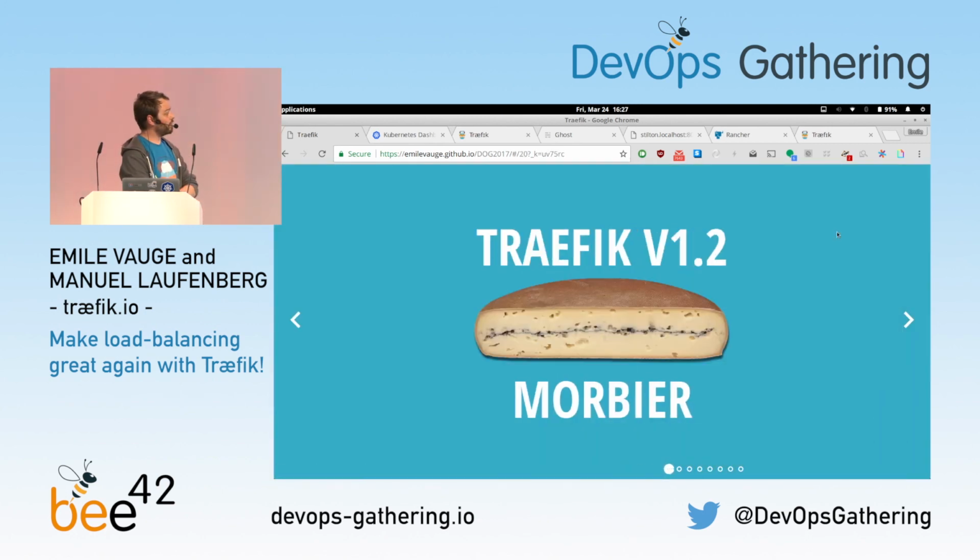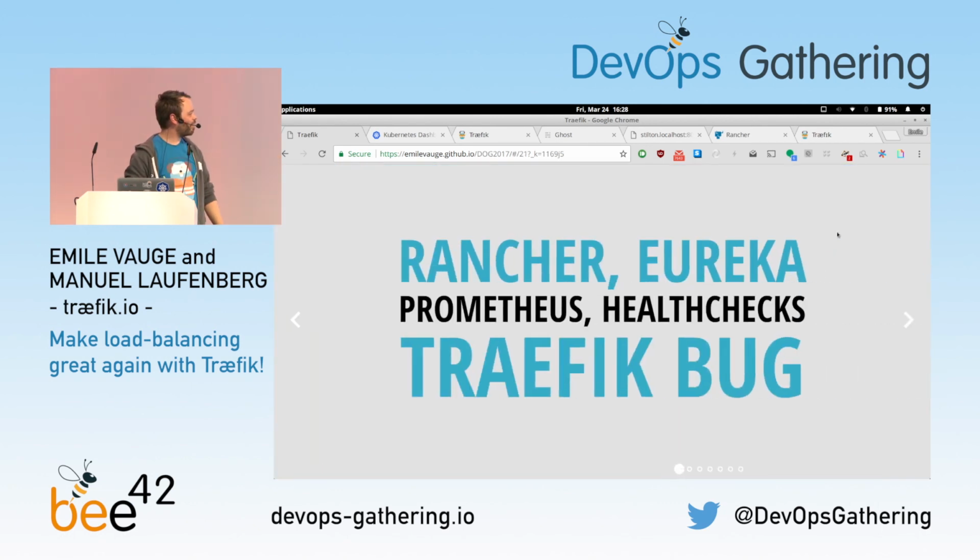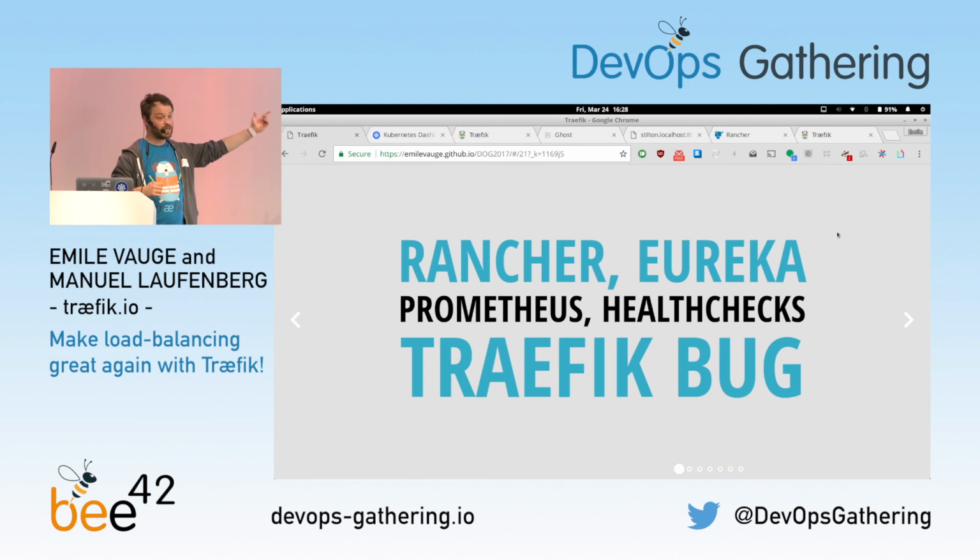We just released this week Traefik v1.2, codename Morbier, which is a French cheese from the Alps. And this release is featuring a few interesting things. For example, the Rancher support, Eureka support. The Rancher support has been made by Manuel. We also support native Prometheus metrics.